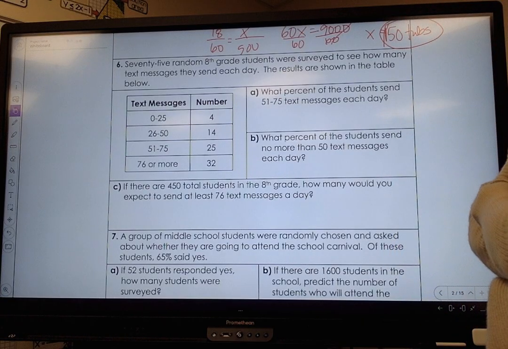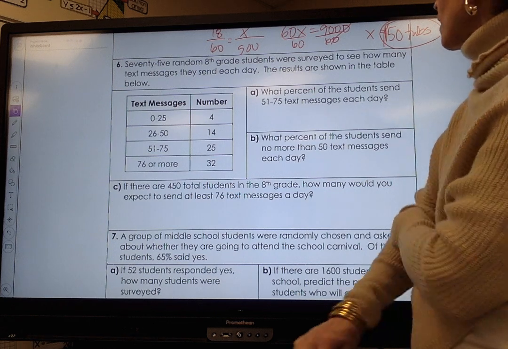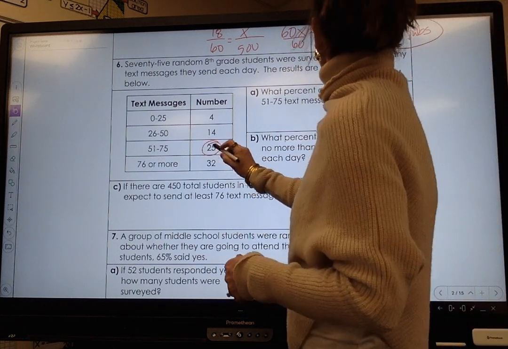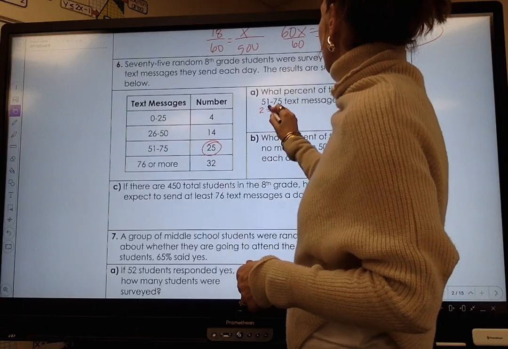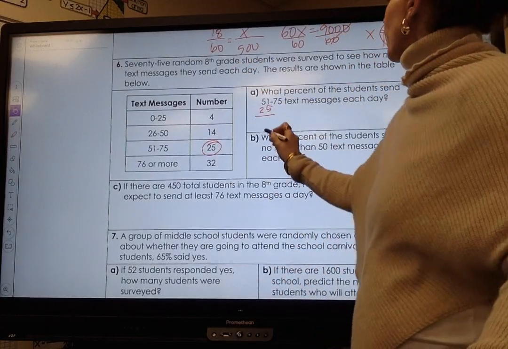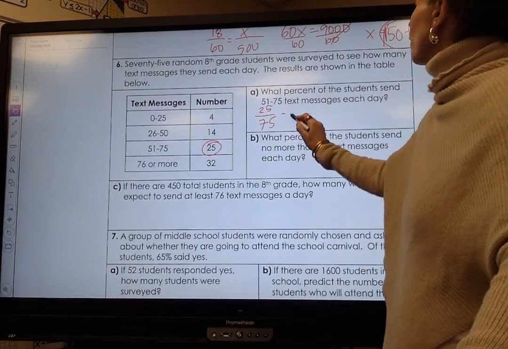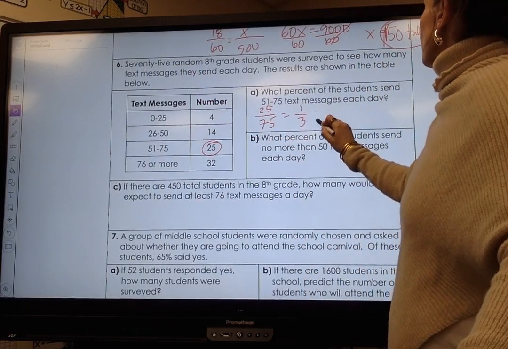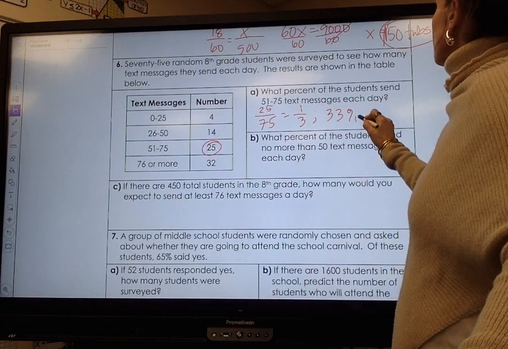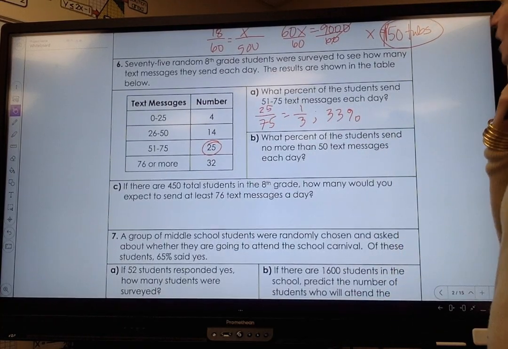Okay, so what percentage of the students send 51 to 75 text messages each day? So 25 out of our total number, and our total number here is 75 random students, so this would be 1/3. So 33% of the students send 51 to 75 messages each day.